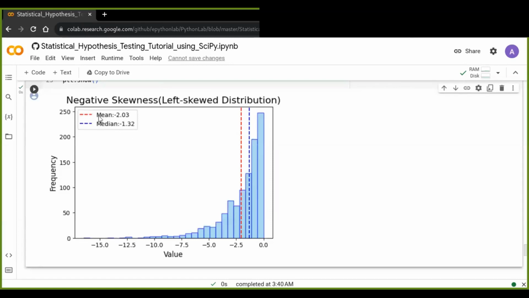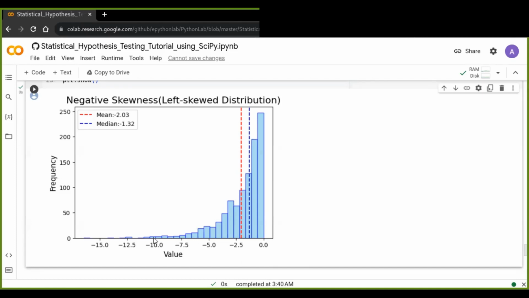But in the positive skewness, the mean is greater than the median. Here, the mean is less than the median, which means the data is skewed to the left side of the distribution, which means the tail on the left side is longer from the center of the data points than the right side, because here is the center of the data points at 2.